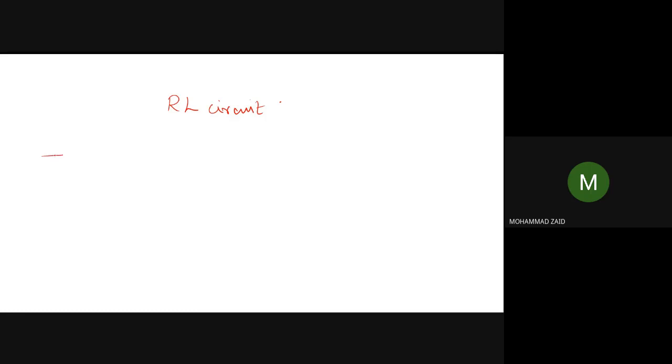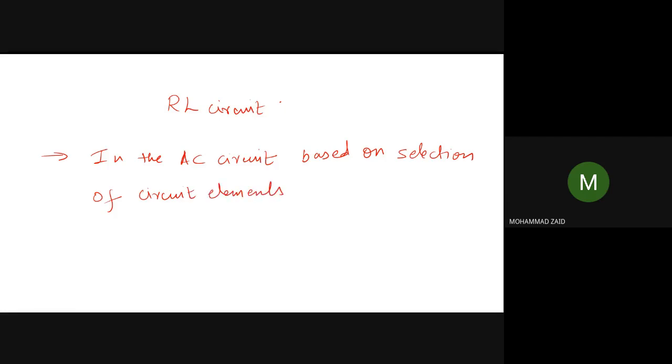In the AC circuit, based on selection of circuit elements, it is possible to obtain a transient free response for first order circuits.